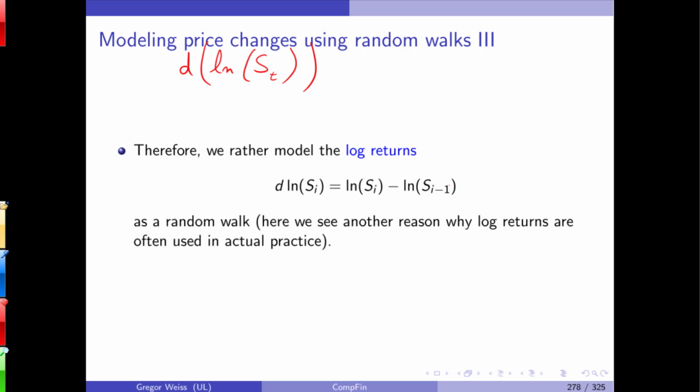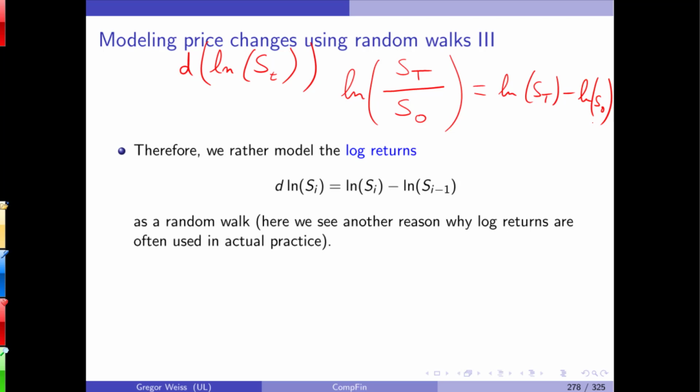But if we are taking log returns, then it's quite simple to see that the natural logarithm of ST over S0 can be written as the logarithm of ST minus the logarithm of S0. So this works here.